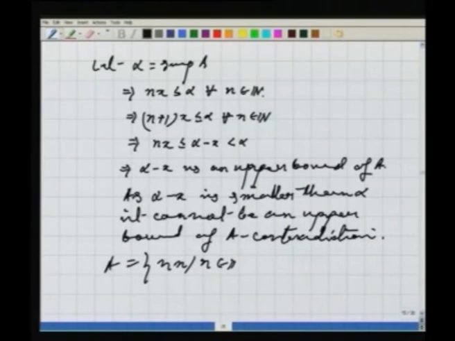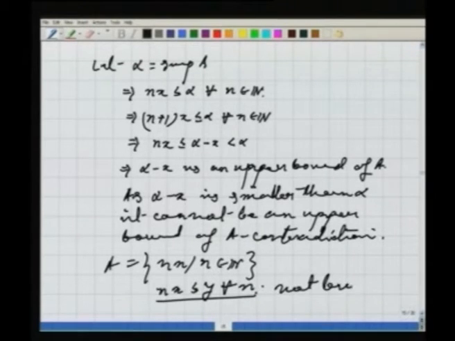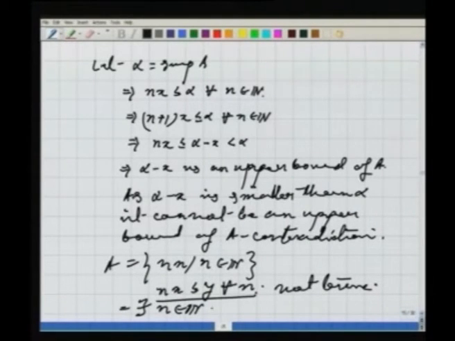And that means my supposition is wrong. That means this set A which I have defined, the collection of n x's, cannot satisfy that n x is less than or equal to y for all n. This is not true. Well, this is not true means there must exist some n for which this is false, that is, n x is strictly bigger than y.